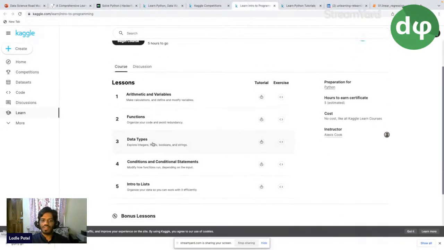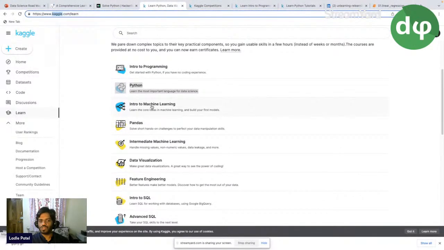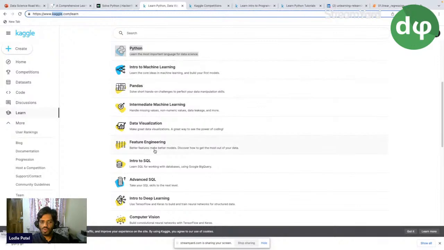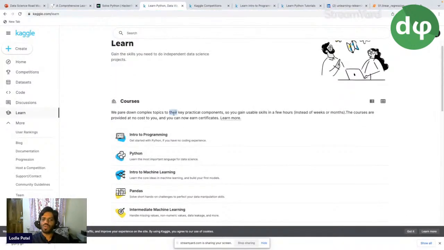And then next, you move on to introduction to machine learning. You move on to pandas, and so on and so forth. So again, to become a data scientist, this is one of the best platforms, because the good part is you get people here to ask questions for help. You get real-time problems to solve.